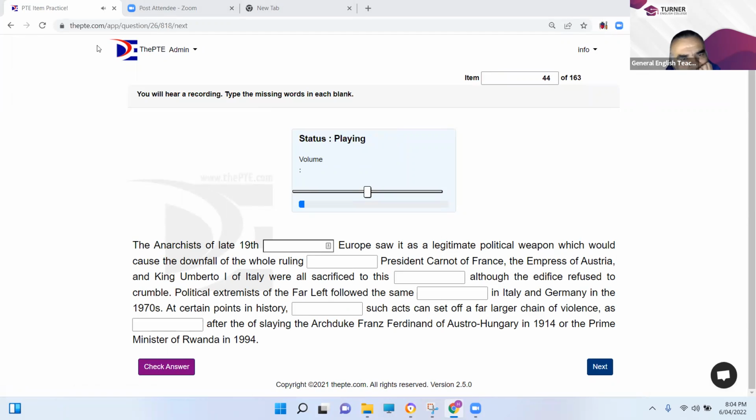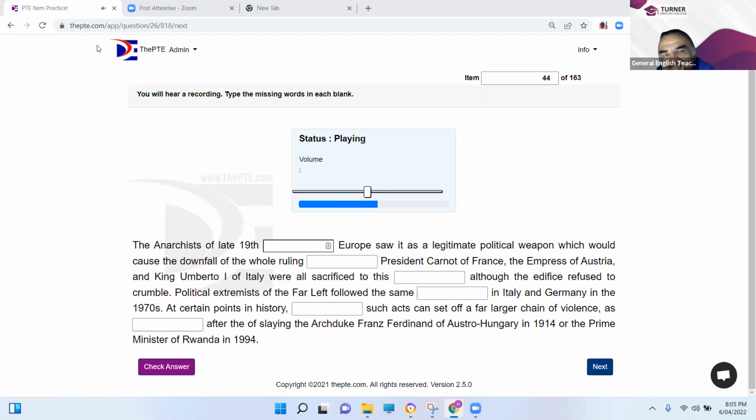The anarchists of late 19th century Europe saw it as a legitimate political weapon which would cause the downfall of the whole ruling hierarchy. President Carnot of France, the Empress of Austria, and King Umberto I of Italy were all sacrificed to this philosophy, although the edifice refused to crumble.